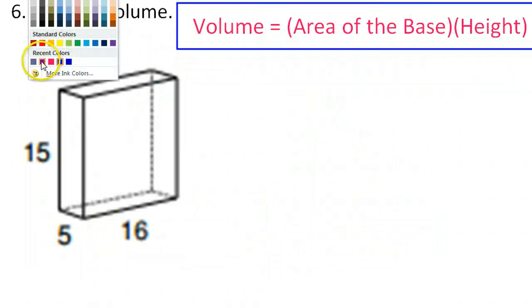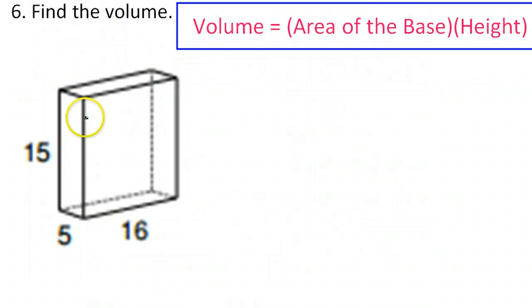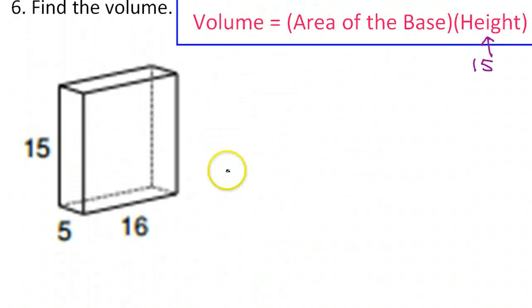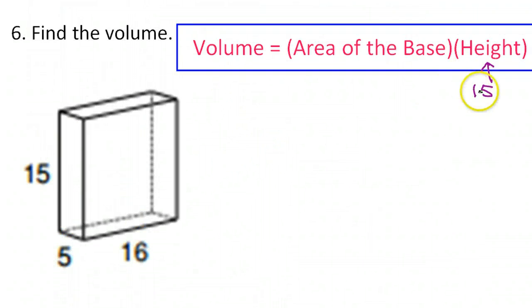Okay, one more time. So the volume of this prism, once again, is the area of the base times the height. You can see the height is 15, so we'll be doing that. Do we have any units this time? No, no units. Oh well. So the height is 15. Now the area of the base.